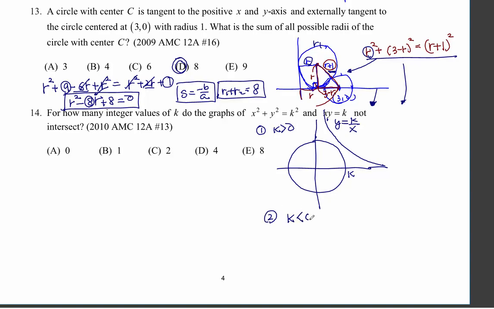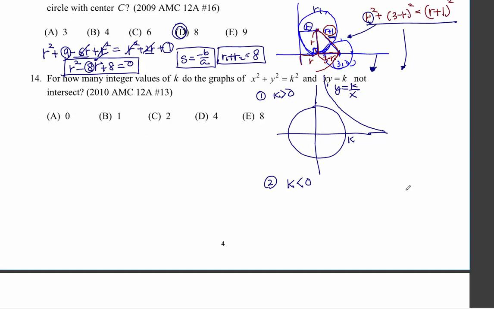If k is negative, what happens? You have two possibilities, right? Now the radius is negative k, because k is negative, right? So this one is negative k. The graph looks like what? Here and here, isn't it?